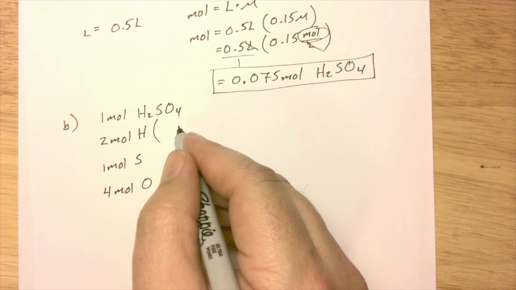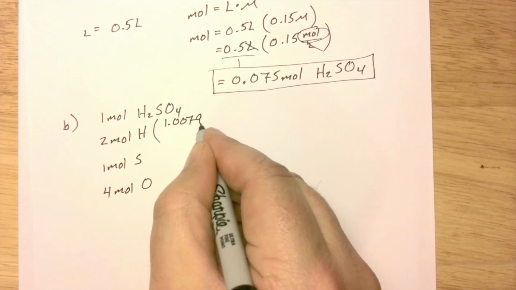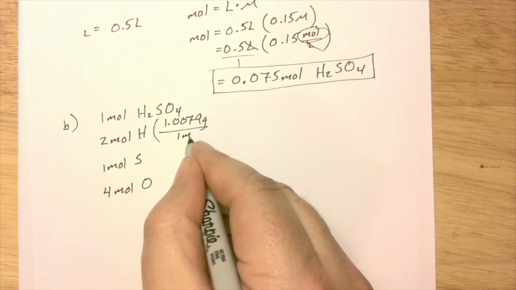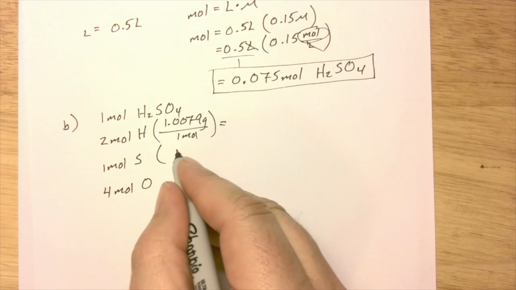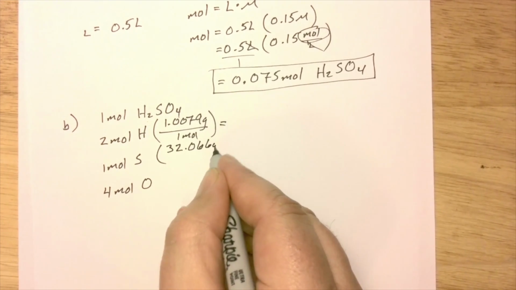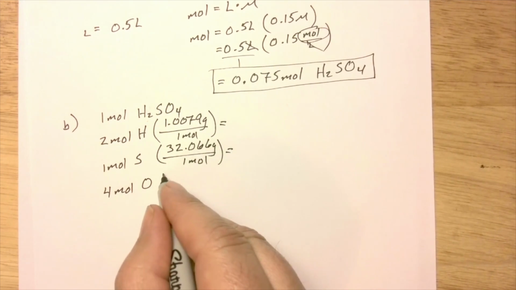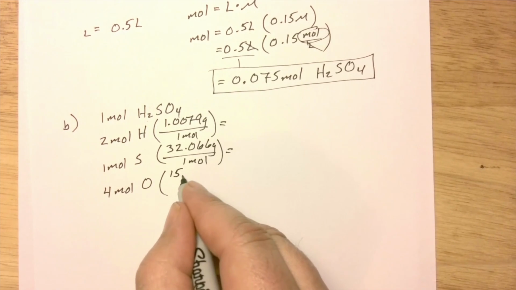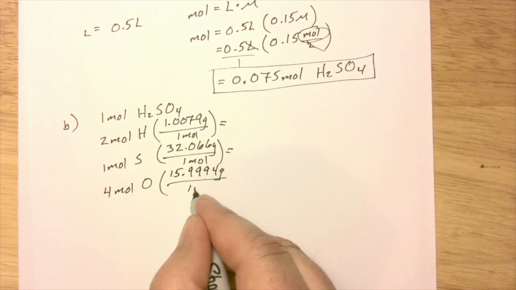Hydrogen has a mass of 1.0079 grams for every 1 mole. Sulfur is about 32.066 grams for every 1 mole. And oxygen, 15.9994 grams for every 1 mole.